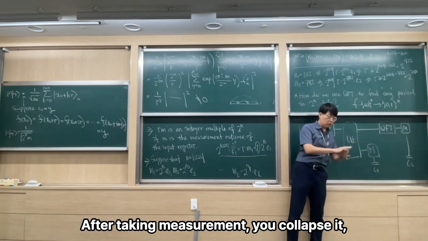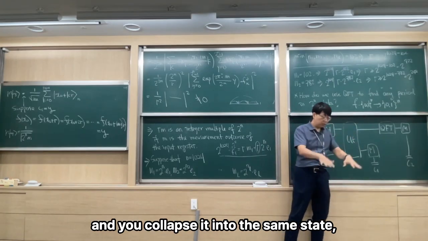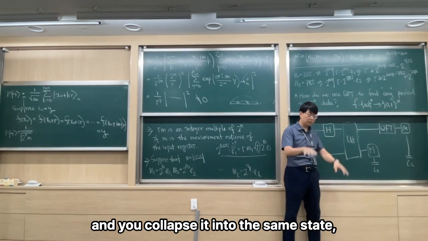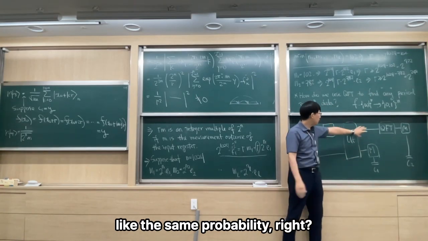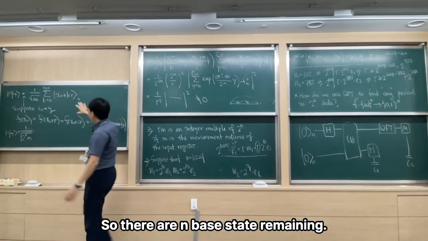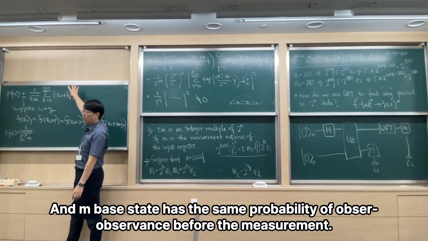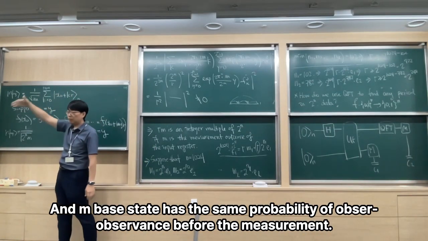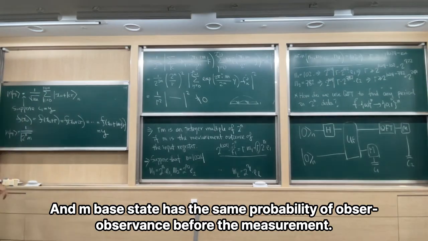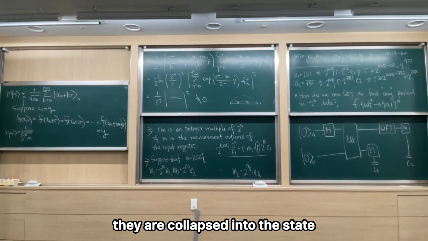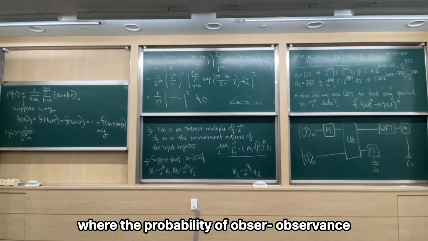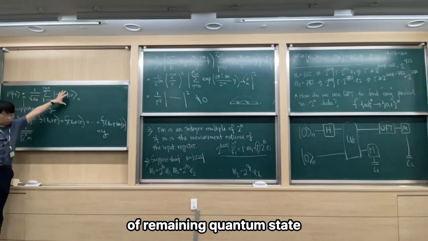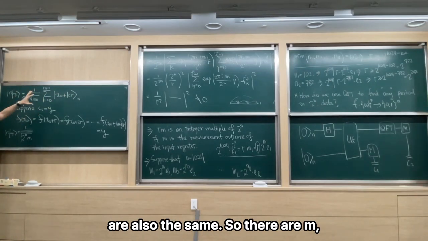After the measurement, you collapse into the same probabilities. There are m base states remaining, and each had the same probability of being observed before the measurement. Therefore, after the measurement, the probabilities of the remaining quantum states are also the same.